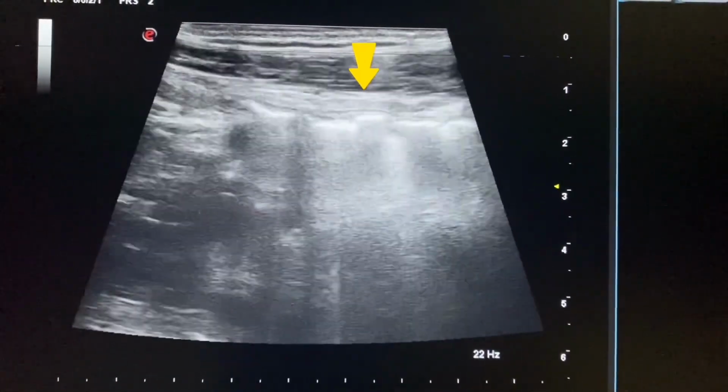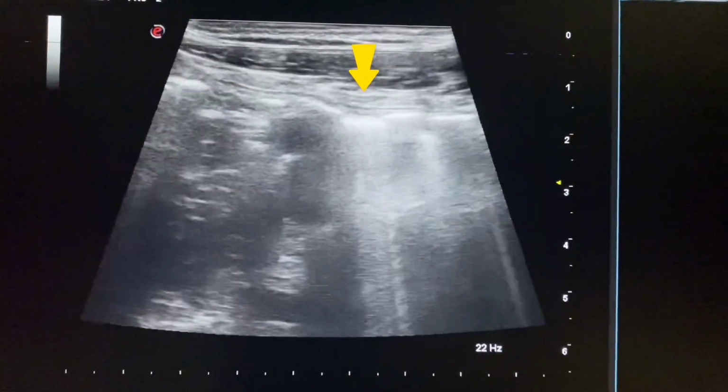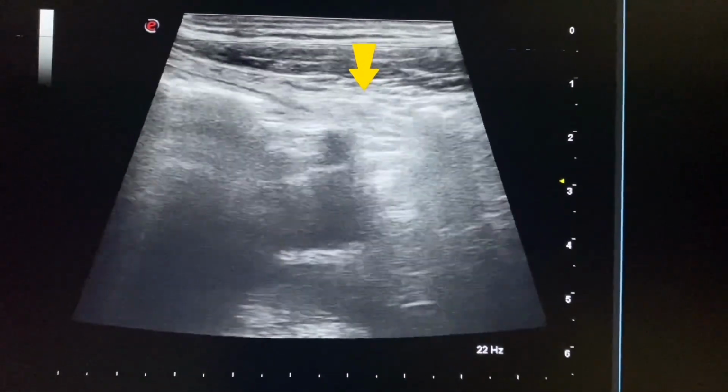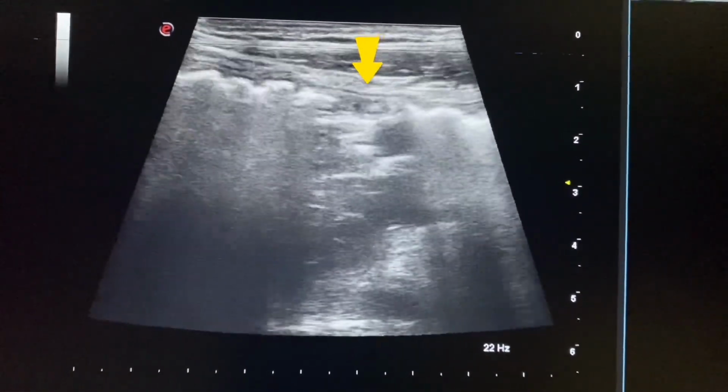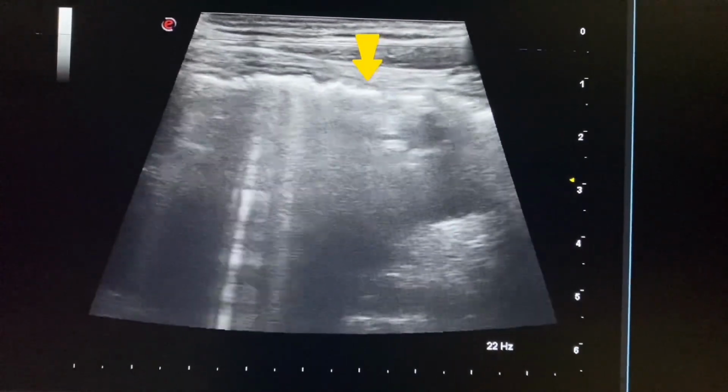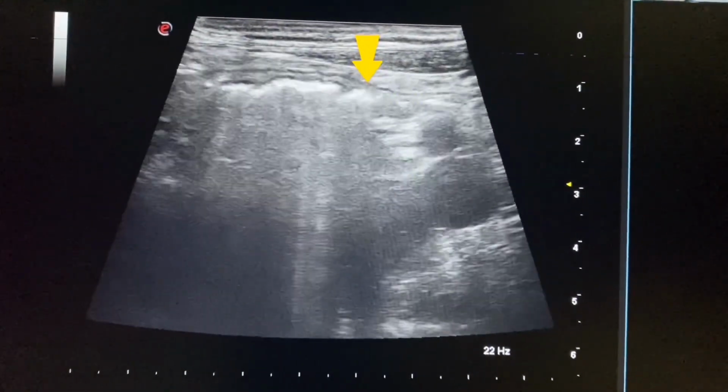Now slowly sliding to the right iliac region. These are gases.